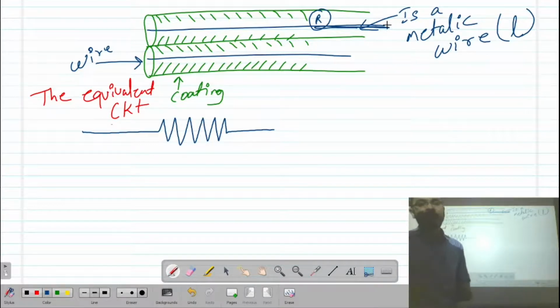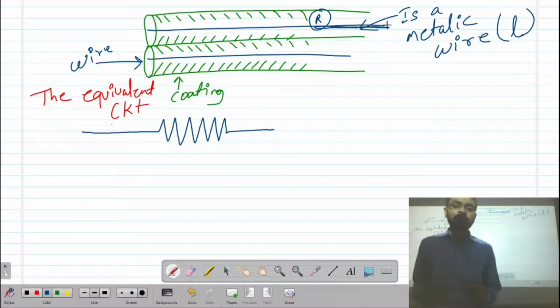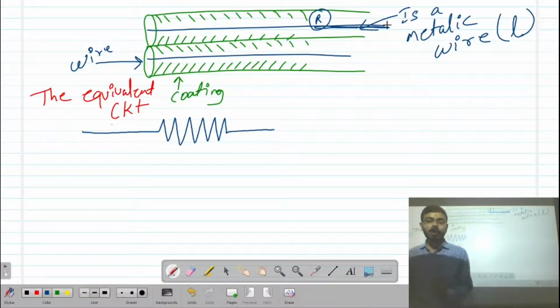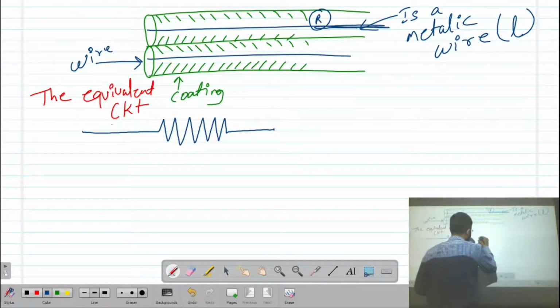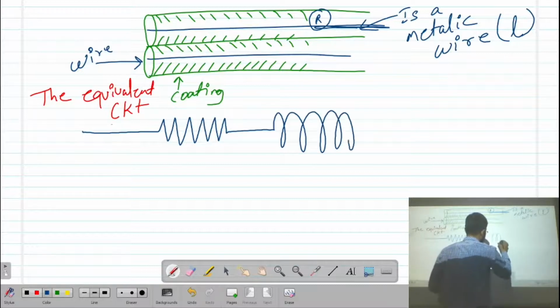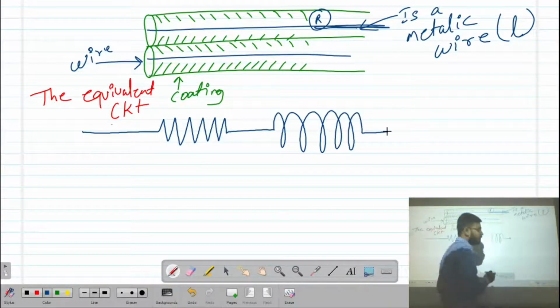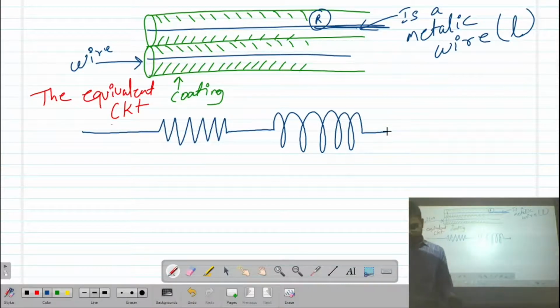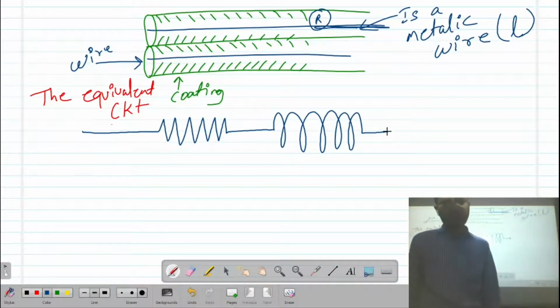And if you have wires carrying magnetic field, definitely there will be a role of inductance, right? That is being represented by this kind of sign. Okay, I think this is clear.